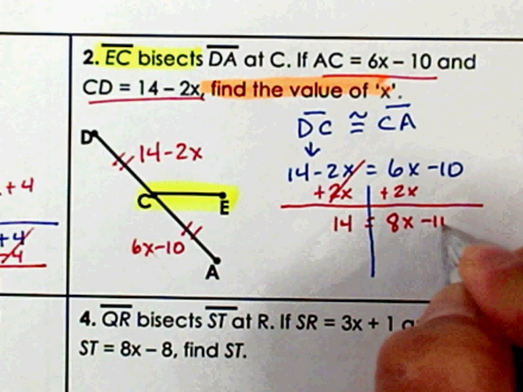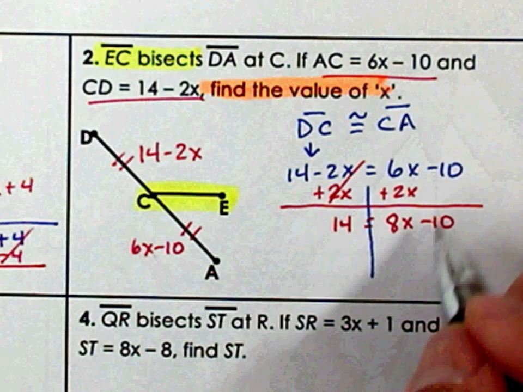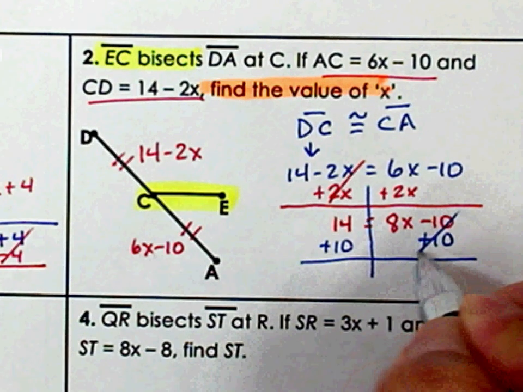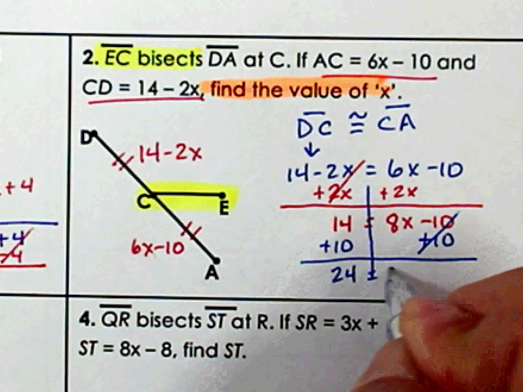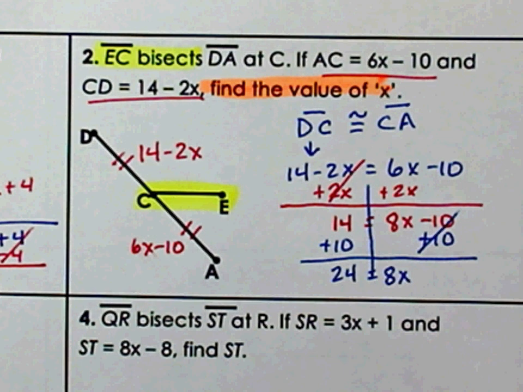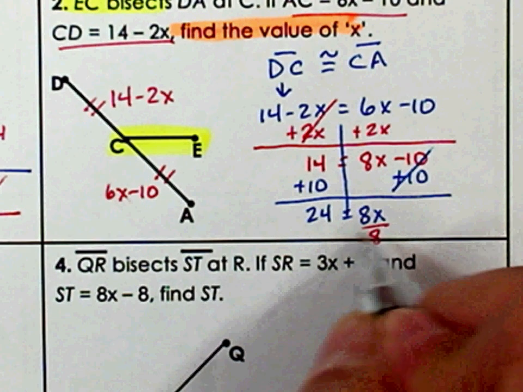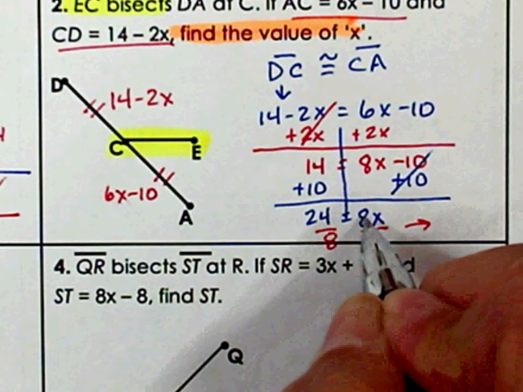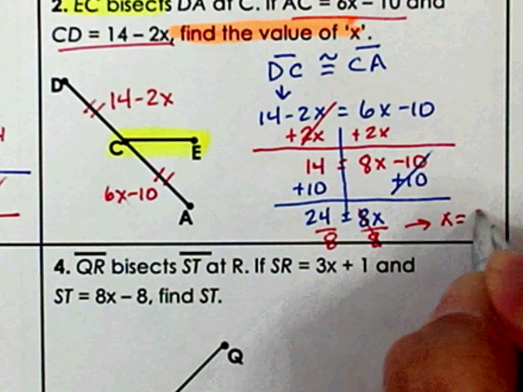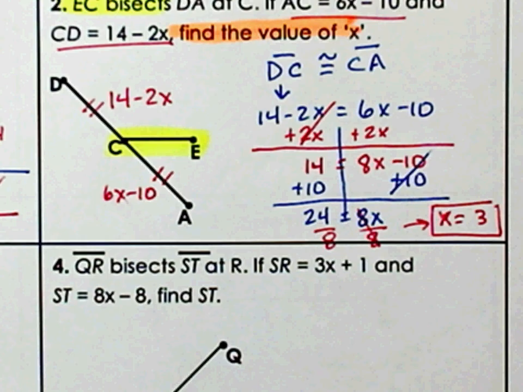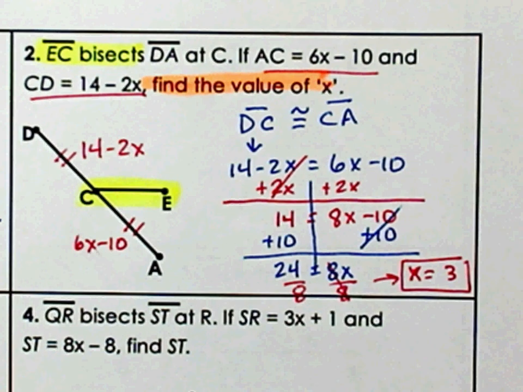Cancel. So you got 14 is equal to 8x minus 10. Add 10 to both sides. Cancel. 24 is equal to 8x. Okay? And I'm running out of room. So divide by 8, divide by 8. Cancel. So x is equal to 3. And there you have number 2.